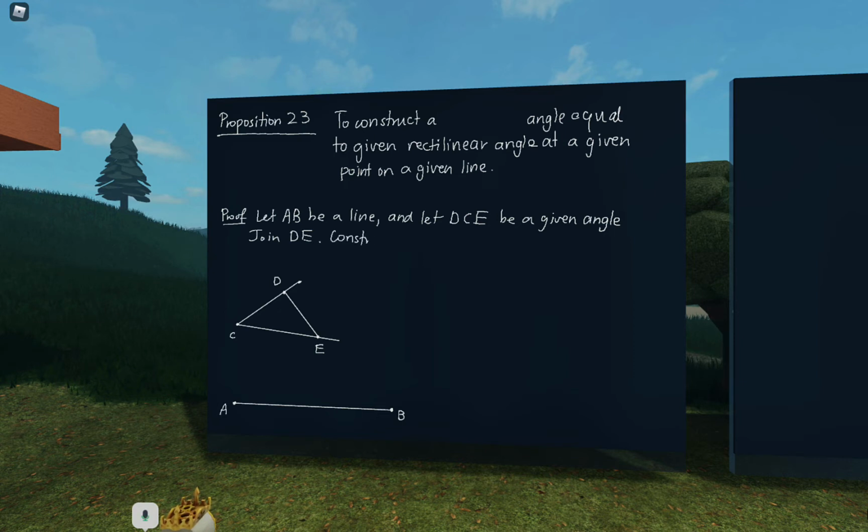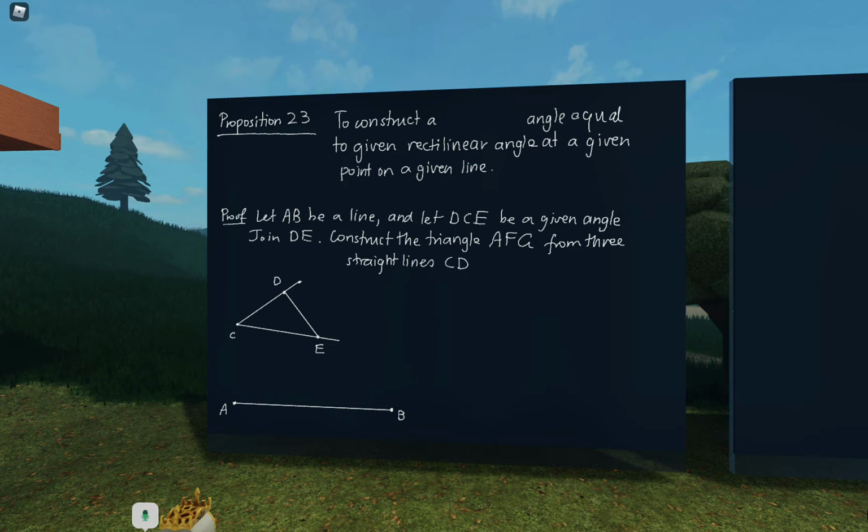Construct a triangle AFG from three straight lines. This was the proposition we did last time. Given three straight lines which satisfy certain inequalities, we can construct a triangle with those as the sides.